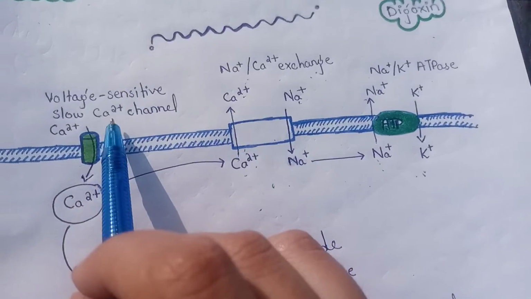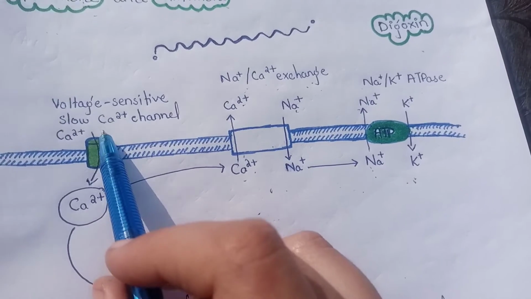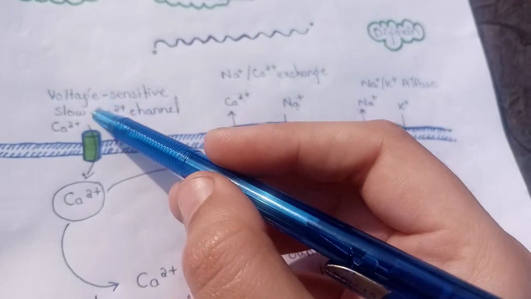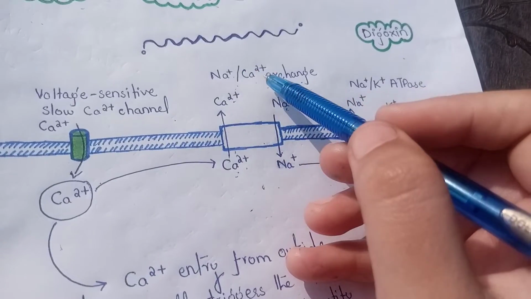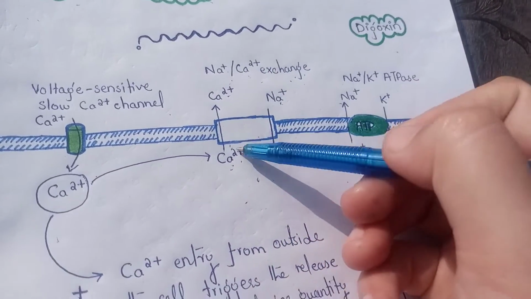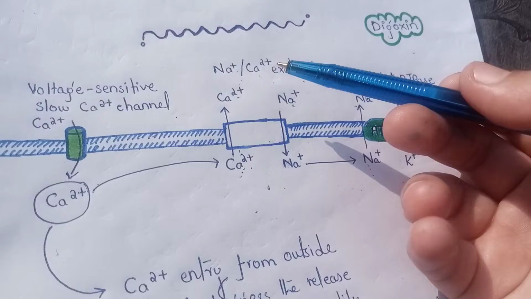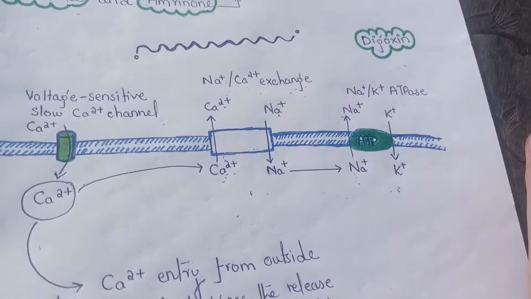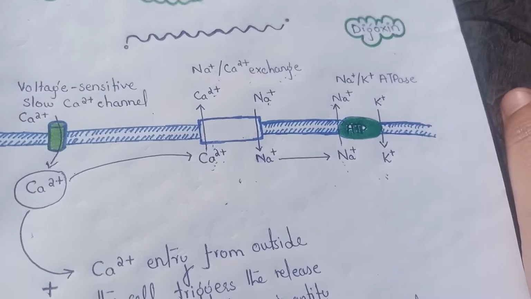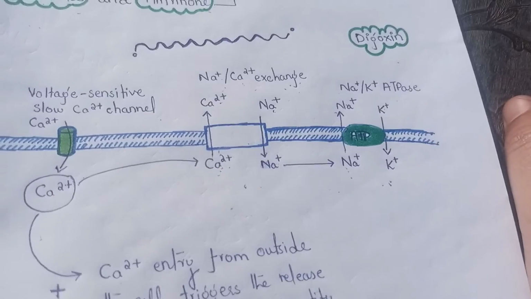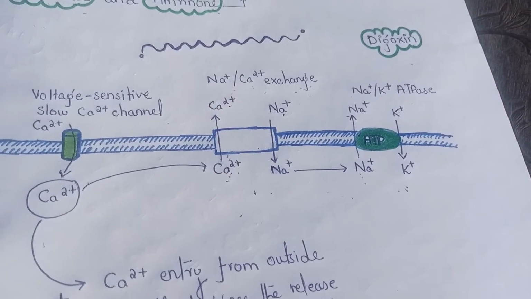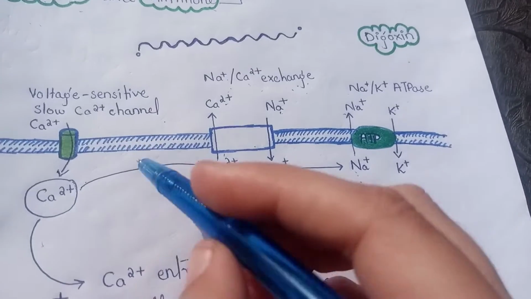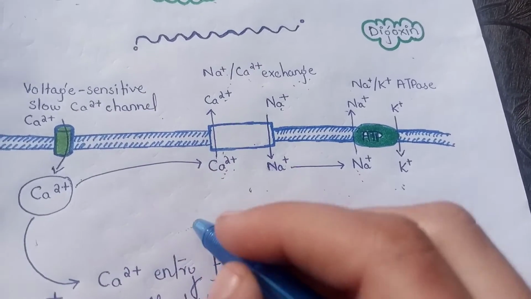And here we have a voltage sensitive slow calcium channel. From this the calcium enters into the cell, and through the sodium calcium exchanger it is moved out of the cell. So the contraction and relaxation is normal, but we want to increase the contractility, so we want the calcium to remain inside the cell.